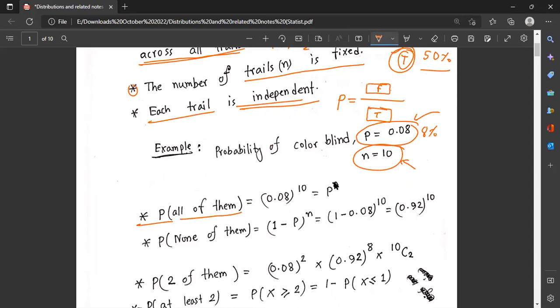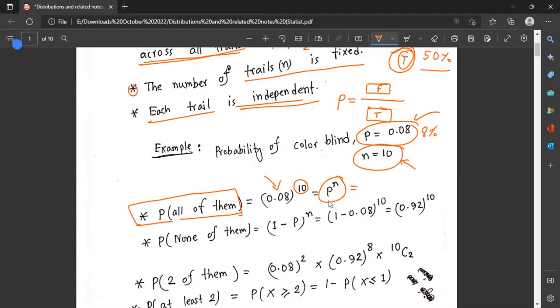So we just write down this formula, p to the power n. The probability of being colorblind is 0.08, and we have a total of 10 people, right? So 0.08 to the power 10. This is the probability of all of them being colorblind. So it should be a very small probability, right?